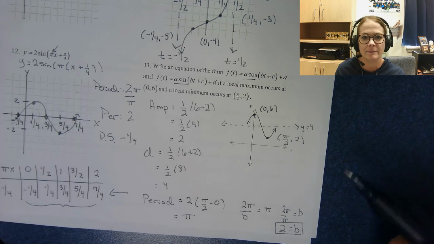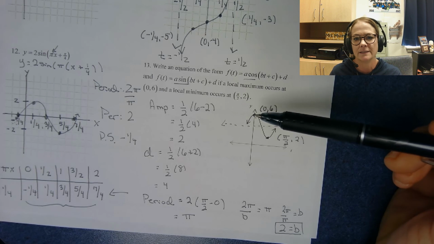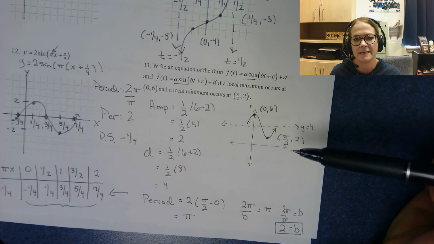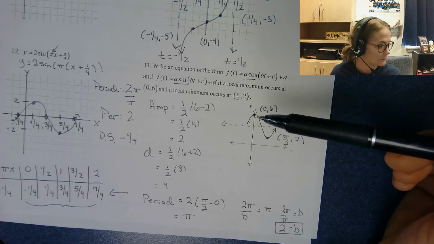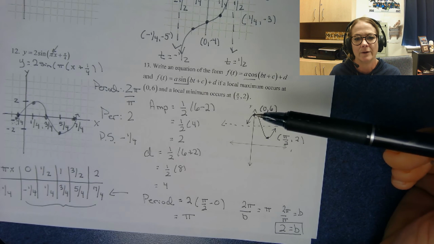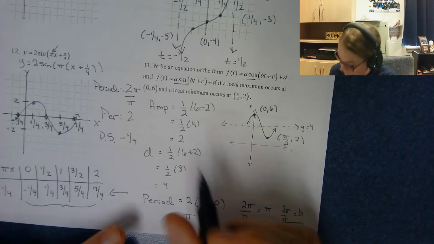So cosine is going to be the easiest one to write because cosine starts high or low. And right here on the t equal to 0 axis, we're at a maximum. So cosine starting high, that's your parent function cosine. So this is great. We don't have a phase shift is what I'm saying. So let's start with cosine.